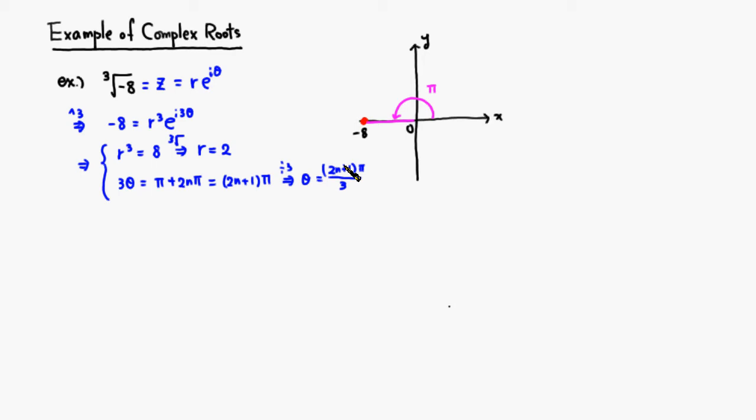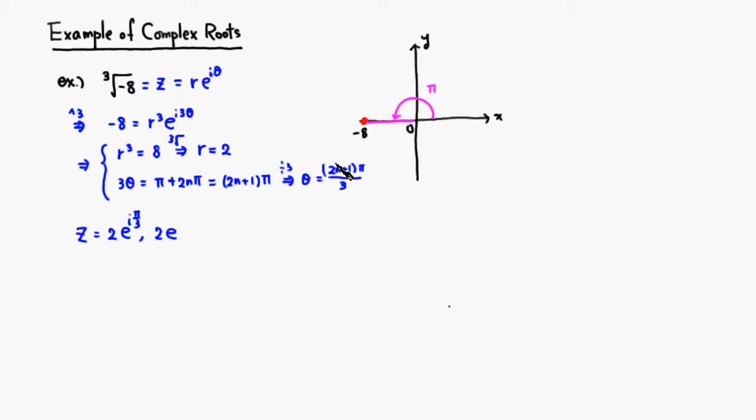So let's start with n equals 0. The r value is 2, we already know that, and with n equals 0 the angle is pi over 3, so the first value is 2 e to the i pi over 3. The second value, when n equals 1, is 2 plus 1 times pi over 3, so 3 pi over 3, which is pi.